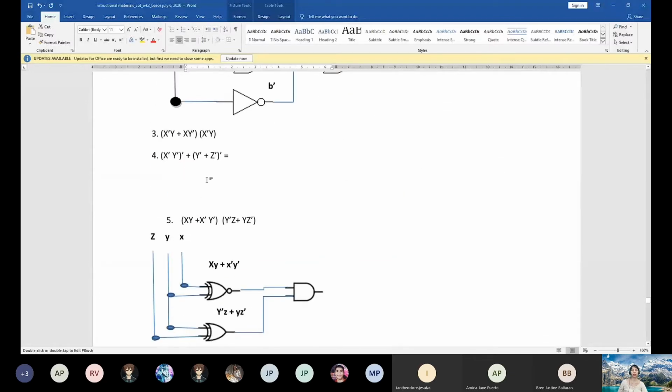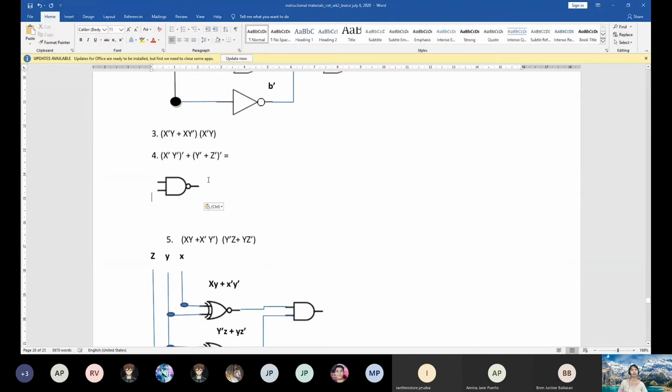Number 4, so we may use a NAND gate. X prime times y prime is an AND gate plus inverter, so it's actually a NAND gate. How about this one? Y prime plus z prime, that's y plus z. What gate is that? OR gate, then plus inversion, so a NOR gate.